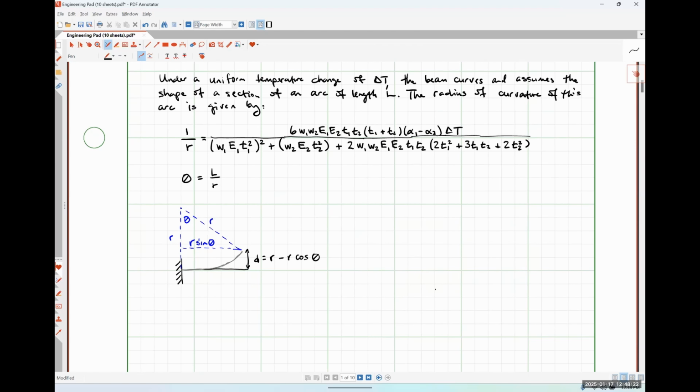So when you said as temperature, if delta T were 0, then the radius would be infinitely large, right?